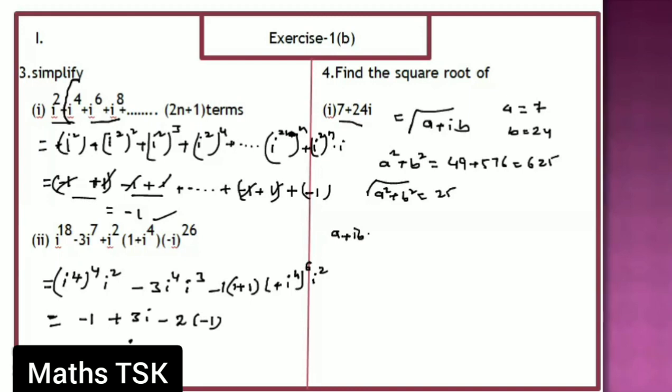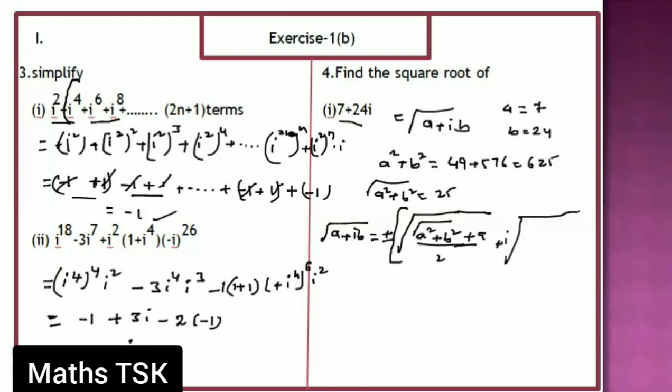Root of a plus ib is plus or minus root of (root of a square plus b square plus a) by 2, and then plus i into root of (root of a square plus b square minus a) by 2.